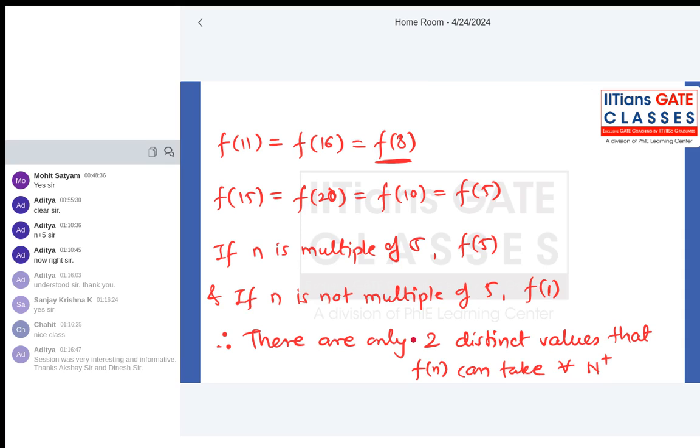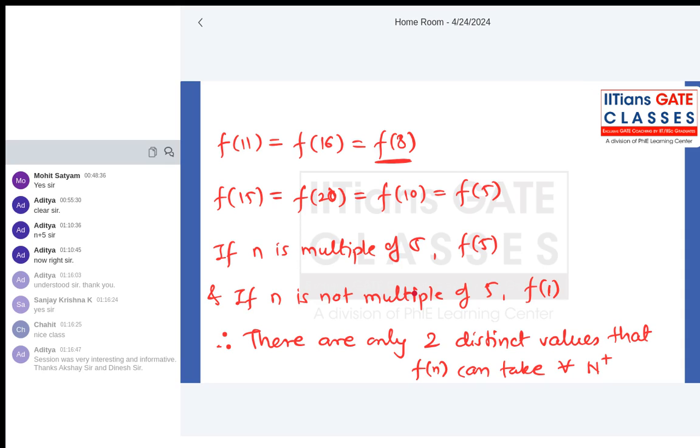So if n is a multiple of 5, for that case we have written two distinct values, sir? If n is a multiple of 5, eventually we are not getting f of 1. If n is a multiple of 5, you are getting f of 5. If n is other than that, you are getting f of 1.